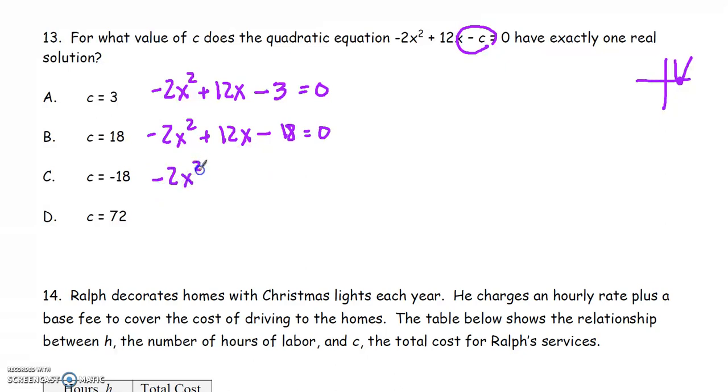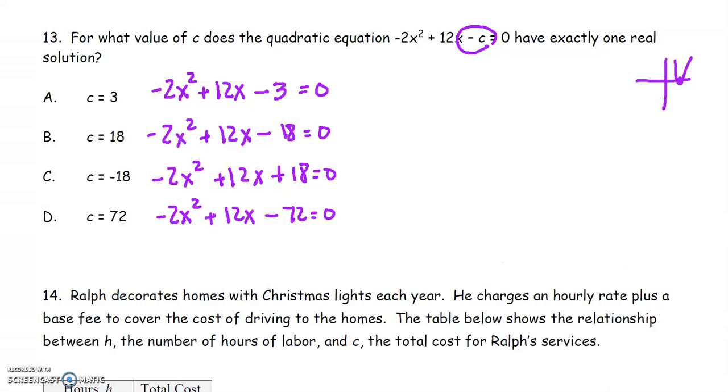A negative 2x squared plus 12x minus a negative 18. So remember, minus a negative means it's going to be plus 18. And a negative 2x squared plus 12x minus 72 equals 0. So there are the 4 equations.